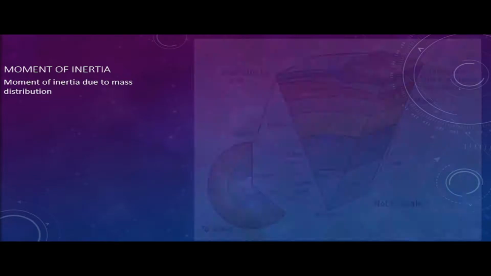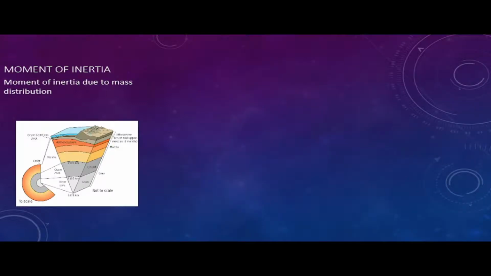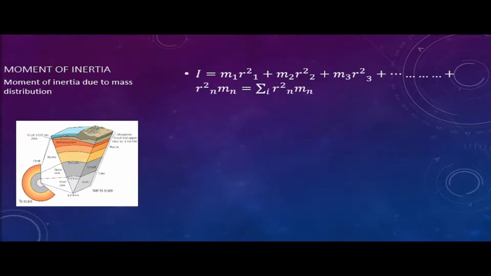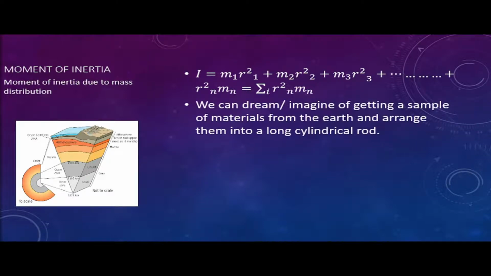Now, how can we calculate the moment of inertia of the Earth, knowing that it is not made of only one kind of material? To solve this problem, we need to apply the formula that we have devised earlier, which is this. This formula is very useful, and we can actually get samples of materials coming from the Earth, arrange them into long cylindrical rods, and then add these rods together so that we can fill the entire volume of the Earth, and then we can get the moment of inertia of the entire planet.